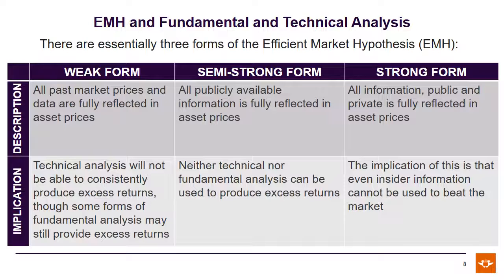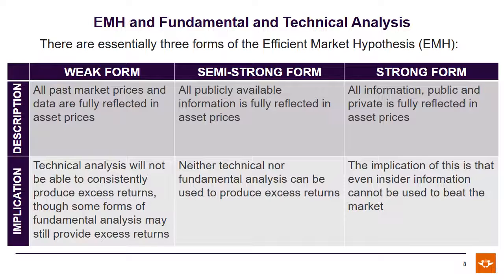Now, the weak form efficient market says that all past market prices and data are fully reflected in asset prices. So if you go to the stock exchange today and you look at the prices of any of the companies trading on the stock exchange, those prices, according to the weak form efficient market, reflect all the information that you could get from past prices and past volumes.